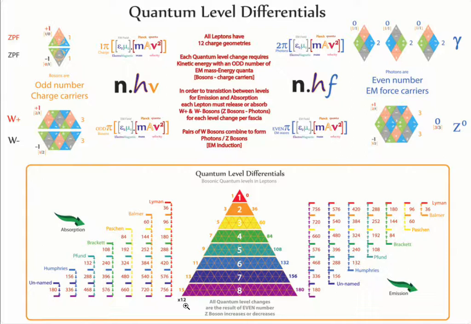So to accelerate an electron to a specific velocity of 1 through to 8 for the quantum levels, we have to input specific 12n squared quanta to each chem field. In this case, these numbers calculate out to be 36, which is 4 times 12, giving us 48.